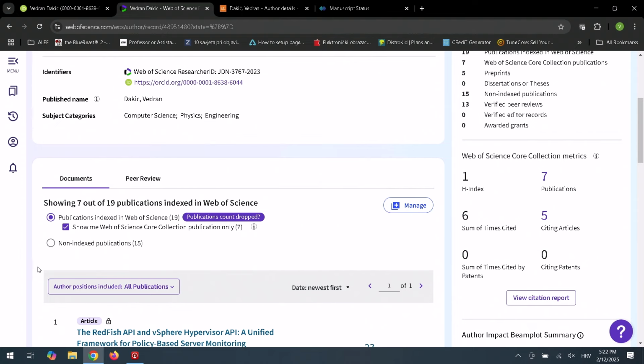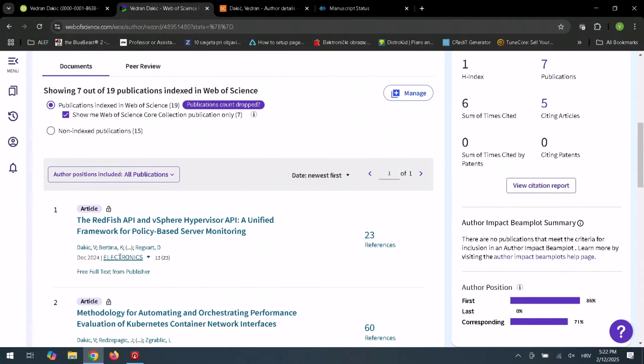For us, the most important part is that the papers that we publish, as much as possible, are part of something called SCI-Expanded indexing, or CC, Current Contents, because those are mandated by law and by our regulatory agencies for us to publish in journals that are indexed this way so that we can get promotions, or let's say to go from the status of associate professor to regular professor, stuff like that.